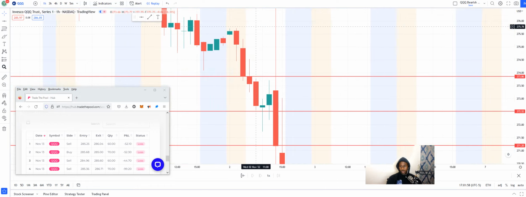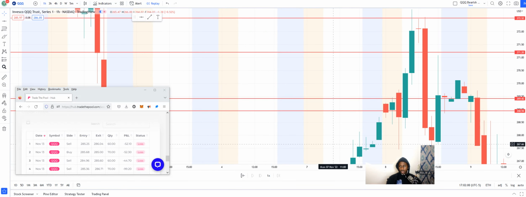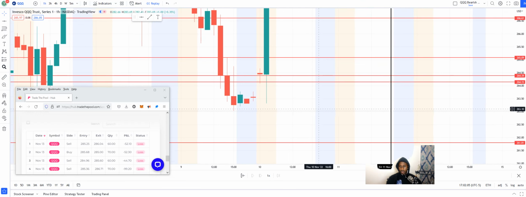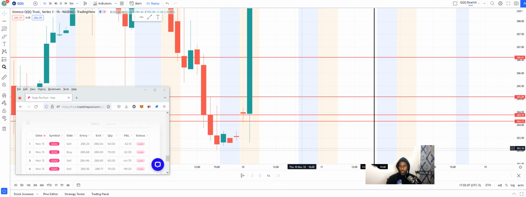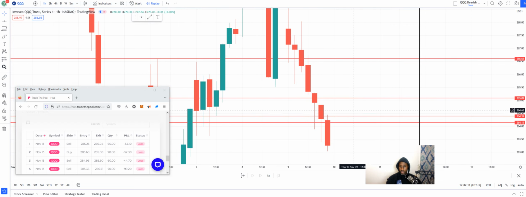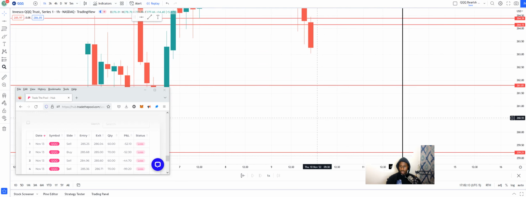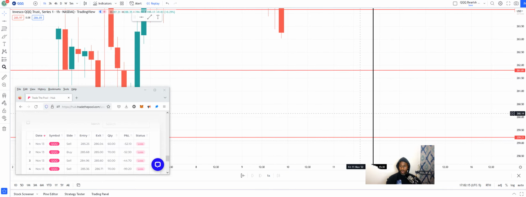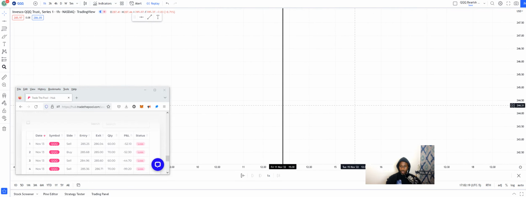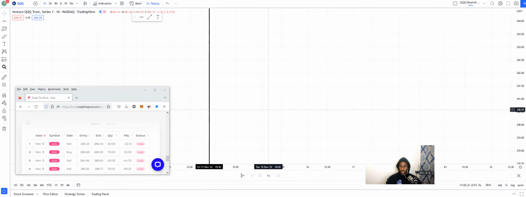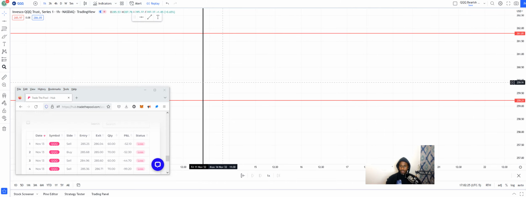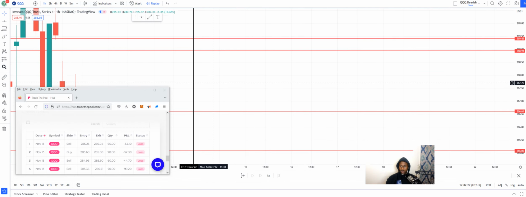Let's get to the 1 hour and then that exact time. Let's put regular trading hours. Remember, this is the line that marks where Friday was, and let's go to where the 1 hour candles were.